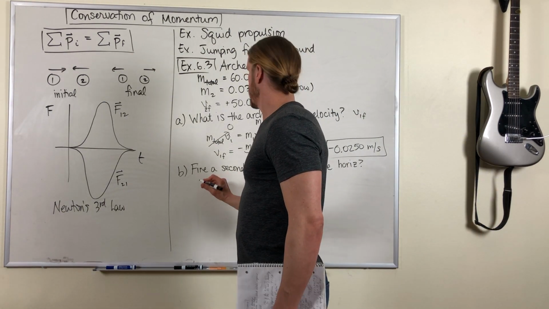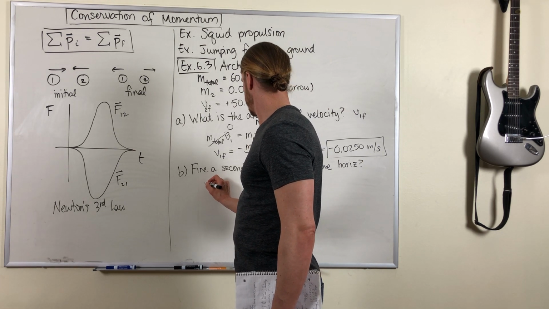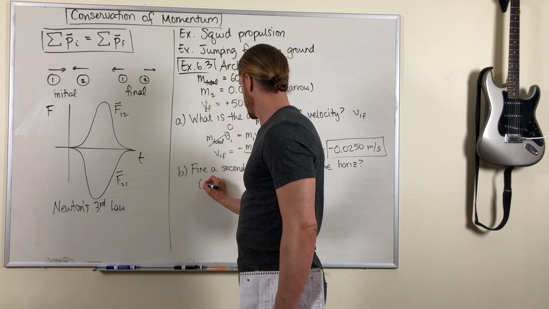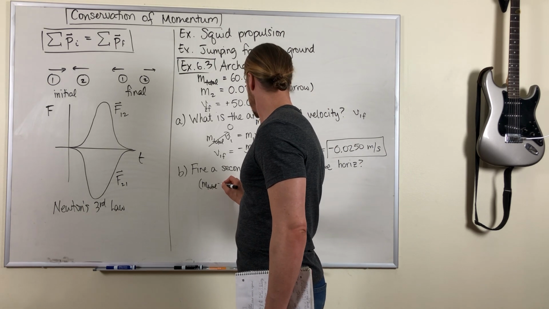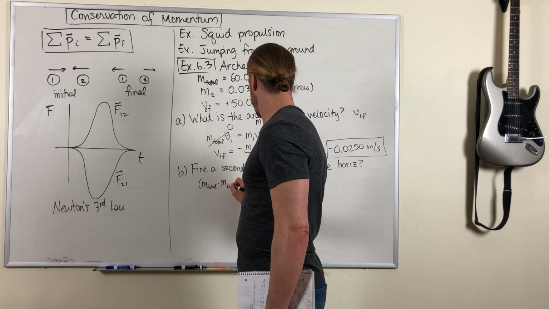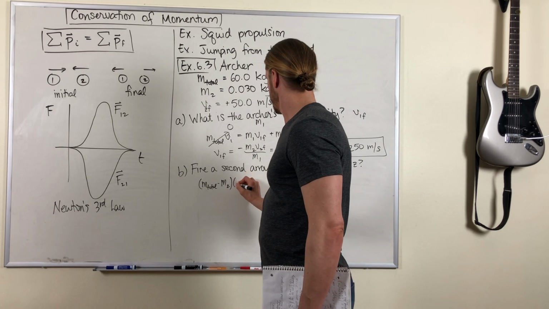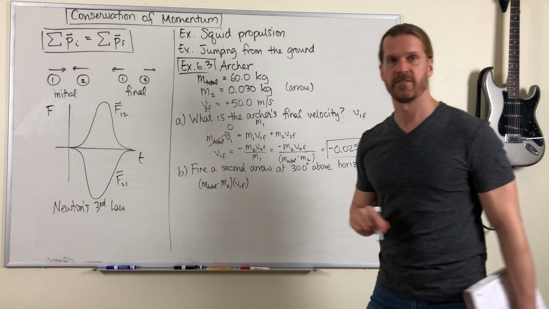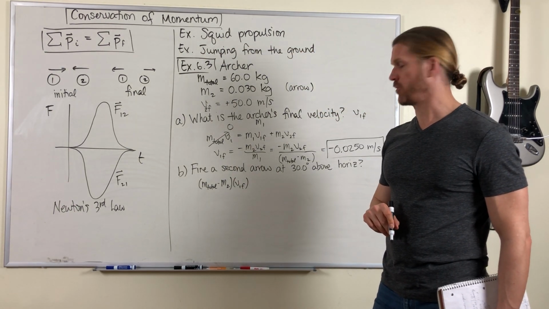So once again, the setup is that we have the mass of the archer, which was M total minus M2, times that V1 final from the previous part of the problem.